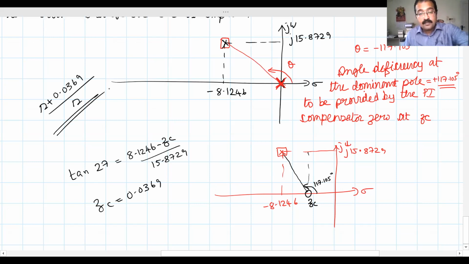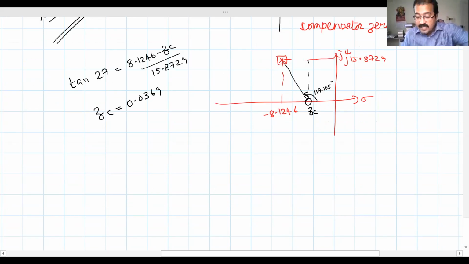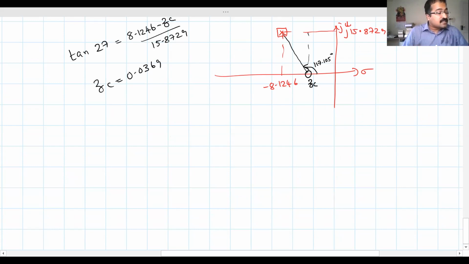So what will be the PID compensator? Initially we added a PD, now we are adding a PI, so we will get a PID compensator. What will be the forward path transfer function for the PID compensator system?